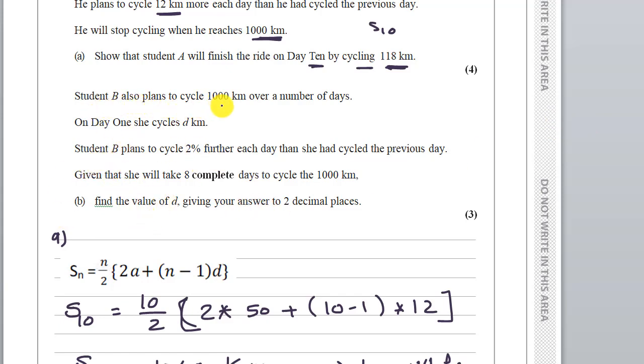Now, student B also planned to cycle 1000 kilometers over a number of days. On day 1, she cycles D kilometers. So A here is equal to D. Now, student B plans to cycle 2% further each day than she had cycled on the previous day.